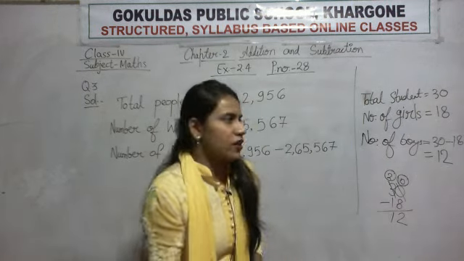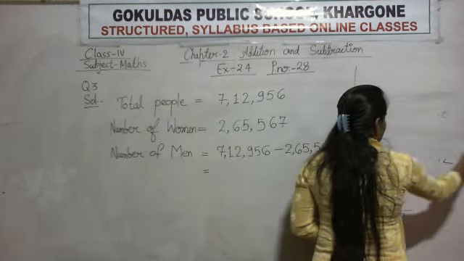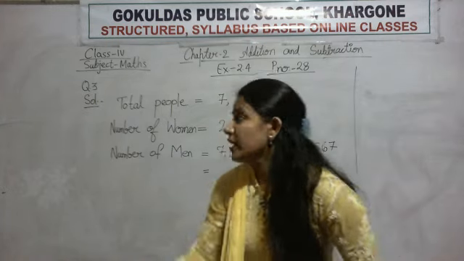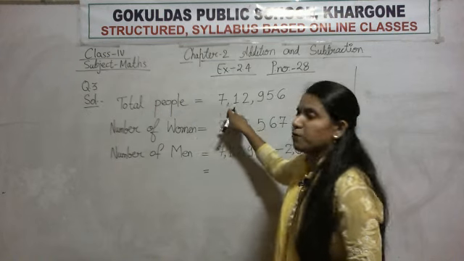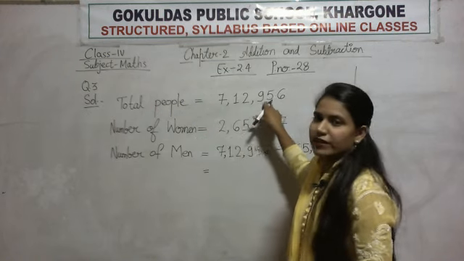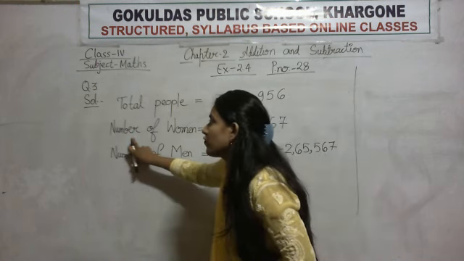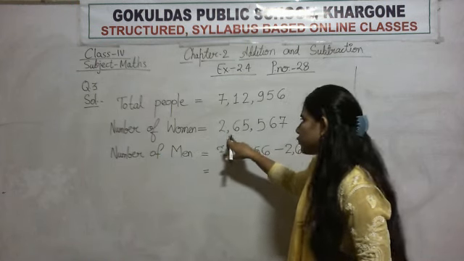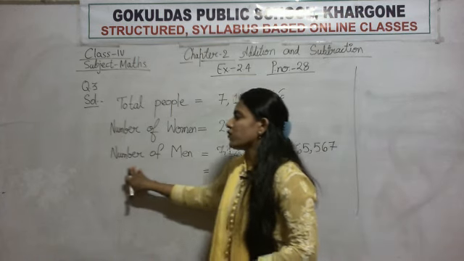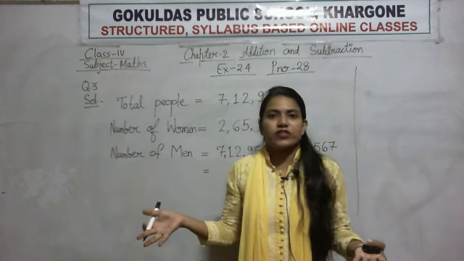So this was an example to understand this. Here the total number of people, comprising men and women, is 7,12,956. Out of them, the number of women is 2,65,567. Now you want to find out how many men watched the cricket match.